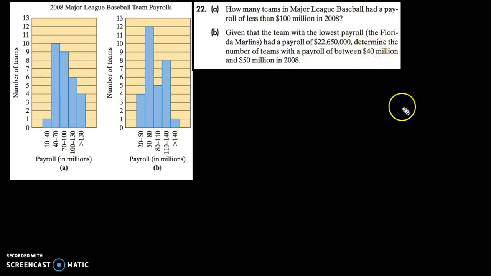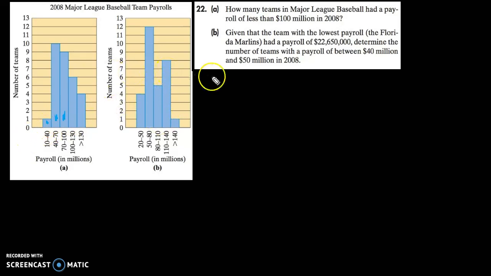So let's see in 22 what they asked about. How many teams in Major League Baseball had a payroll of less than 100 million? Okay, so do we have to use that deductive reasoning in this one? Well, this one already has one that ends at 100. So it looks like anybody in this category, or this category is below 100 million.